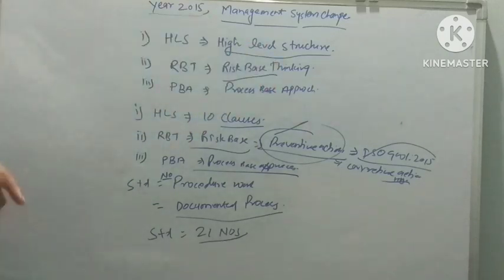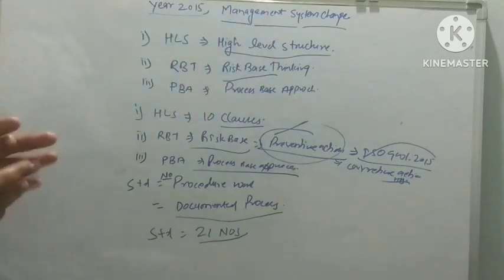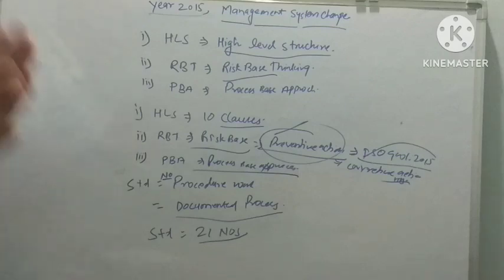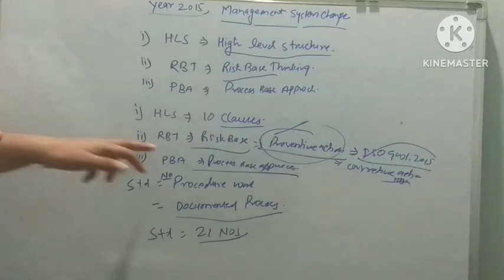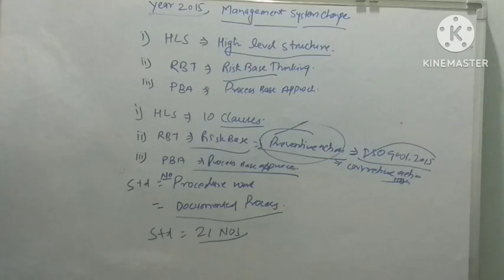Let's understand the changes in HLS. HLS means high level structure. The standard has fixed that there will be 10 clauses in each standard. Second is RBT. RBT means risk based thinking, which means preventive action.